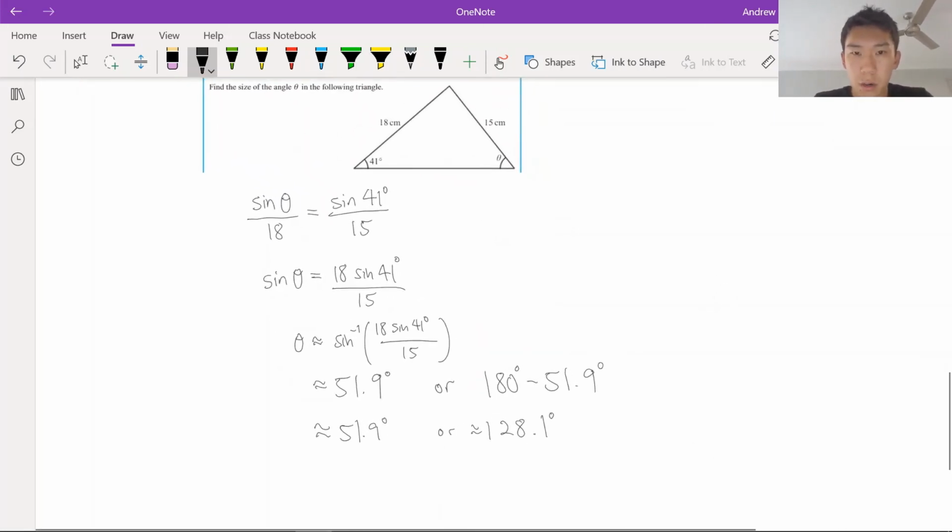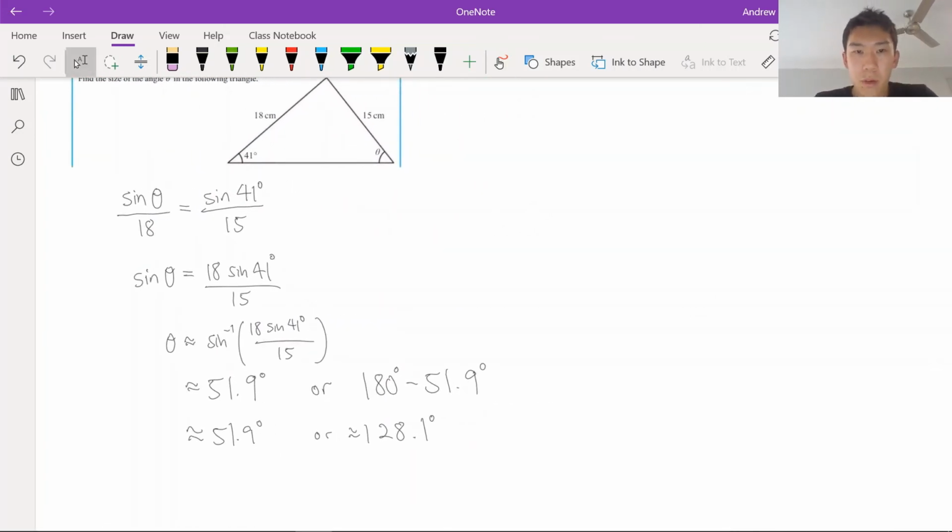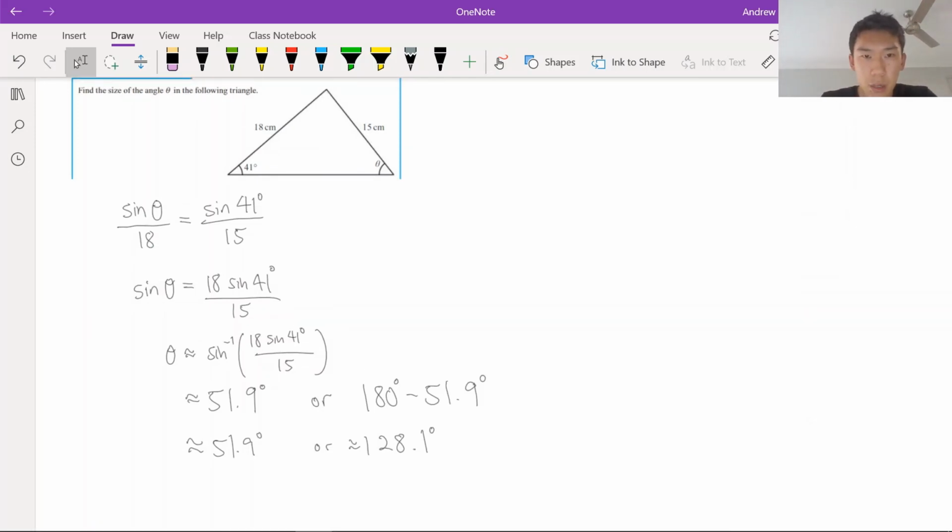All right, so what we want to do now is test these and make sure that the angles can add up to 180. So we already have an angle of 41 degrees, right?